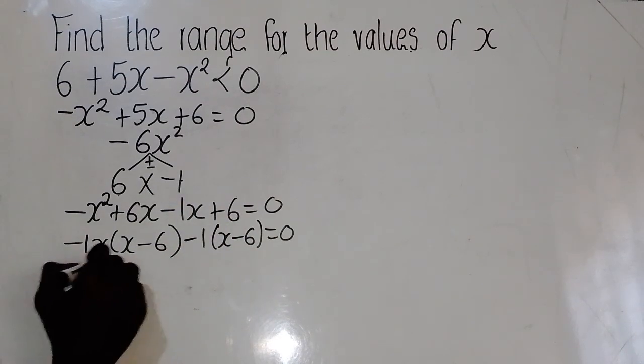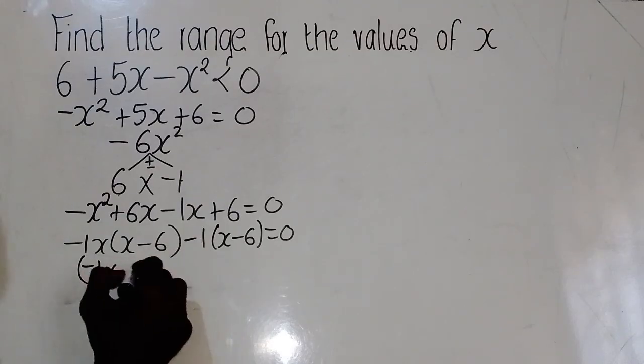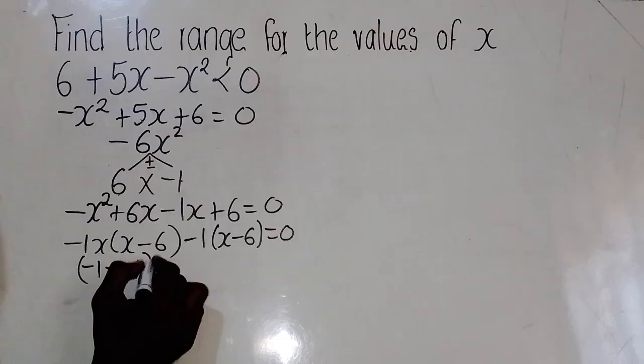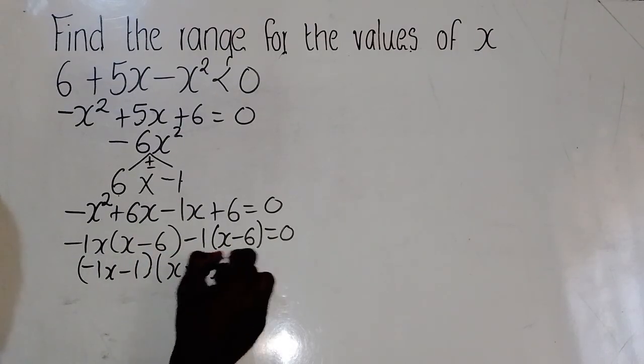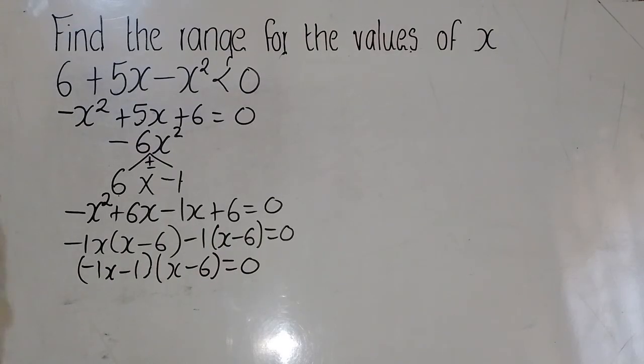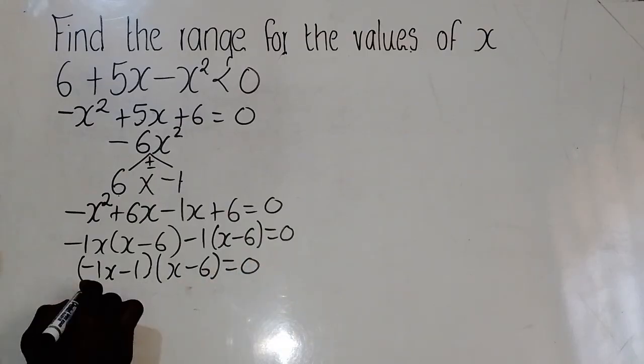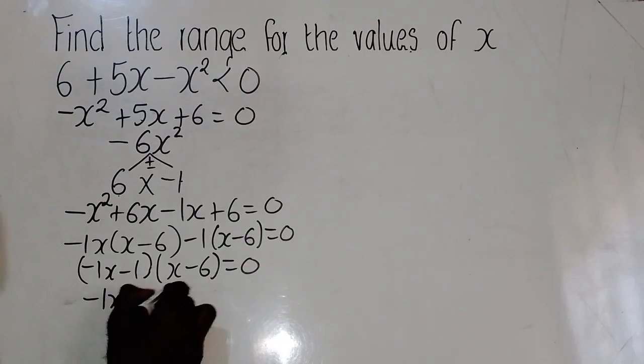Now since these two brackets are the same, you just pick them, so it is like this. You have seen it. The next step now is you say this one equal to 0, this one equal to 0. So negative 1x minus 1 equal to 0.